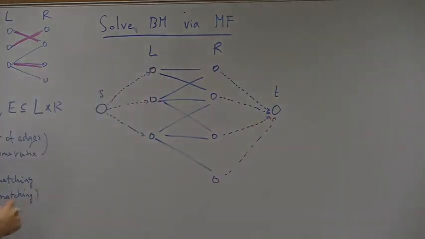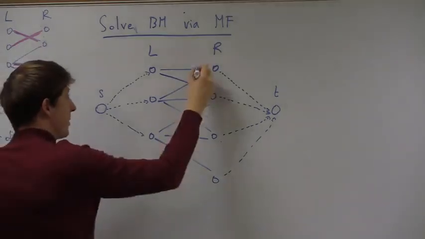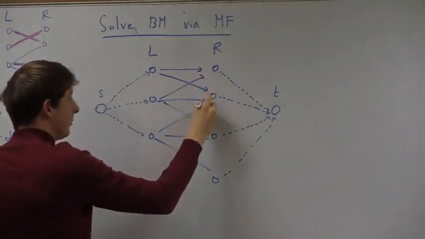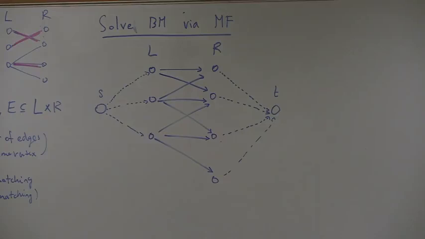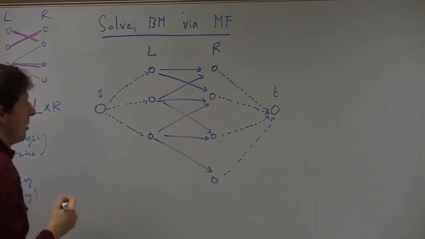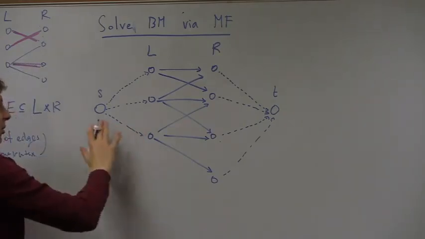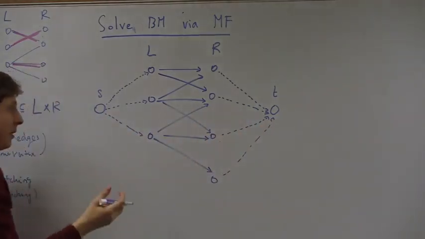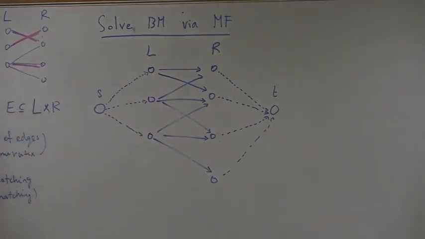And then we're going to orient all of the currently undirected edges that were already part of our instance. So here I'm adding arrows to all of the edges that were already present. So now we have a directed graph, but in order for us to talk about max flows, we also need capacities. Intuitively, what we're trying to do is set it up in such a way that pushing a lot of flow from S to T is going to be tantamount to finding a matching on the original instance.